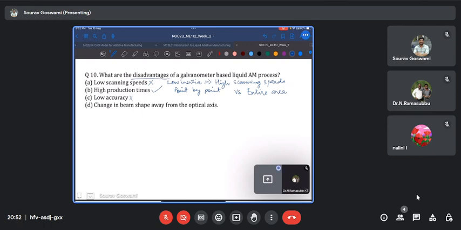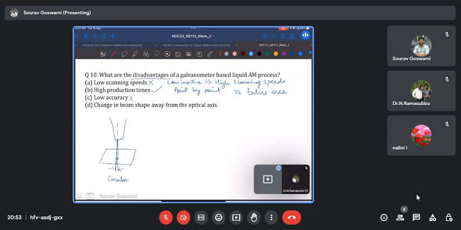Change in beam shape away from the optical axis. As we were discussing during the earlier half of this session, when a beam of laser is incident on my build platform, it will have a cross section. Say this is perfectly circular when it is coincident to or very near to the optical axis, or the center of the aperture.